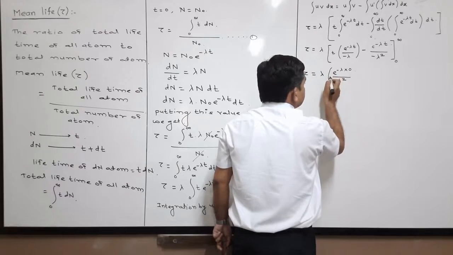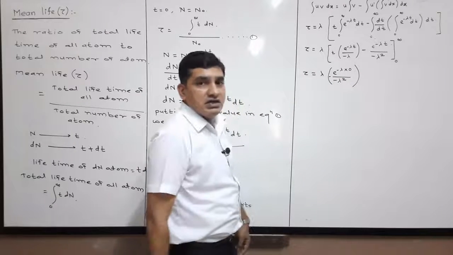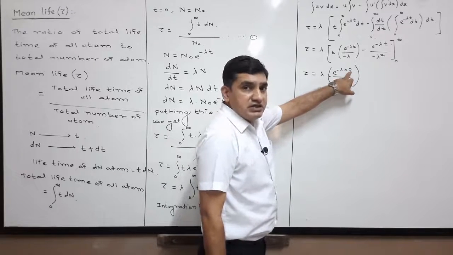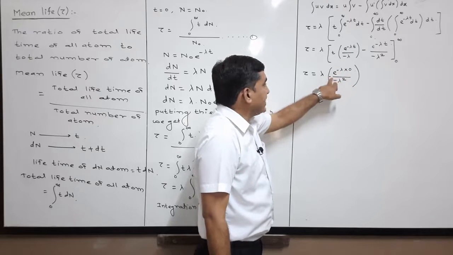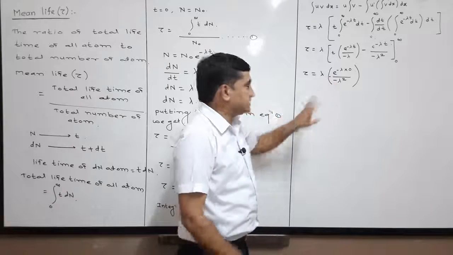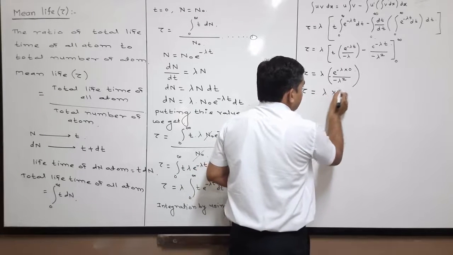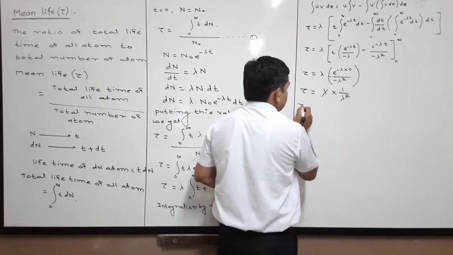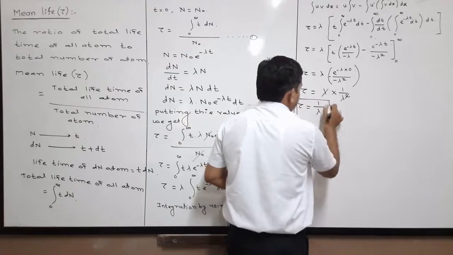Here is a minus minus, it became plus. Now this minus lambda into 0 is 0, e raised to 0 is 1, this lambda into minus and this minus became plus, and therefore tau is equal to lambda into 1 upon lambda square. This gets cancelled, and therefore tau is equal to 1 upon lambda.